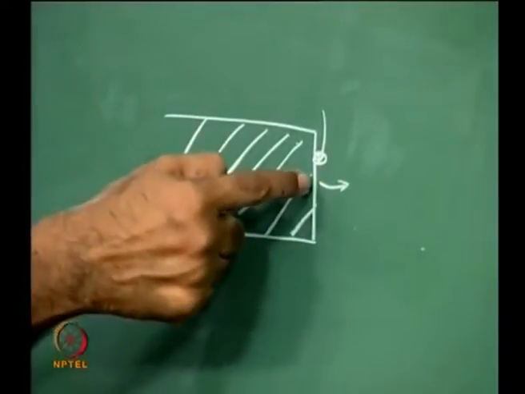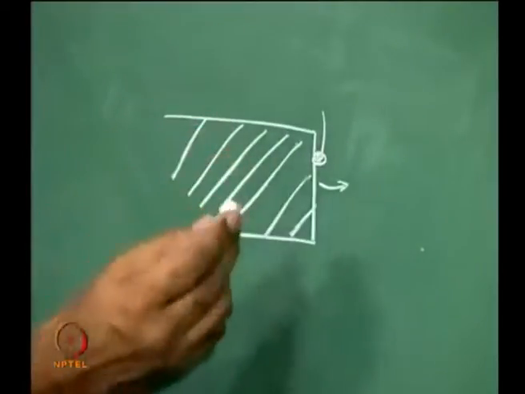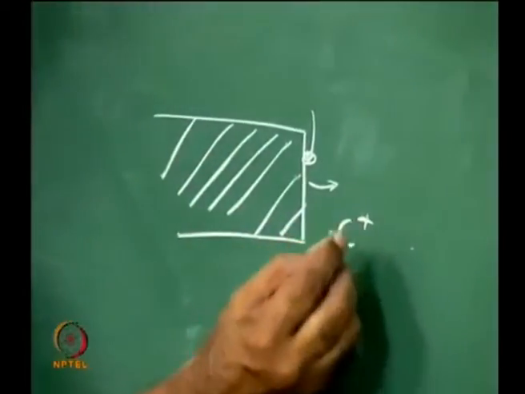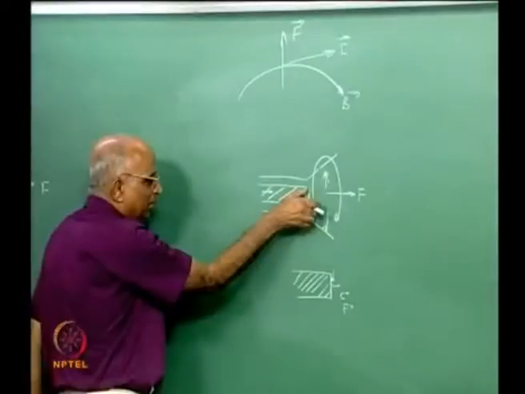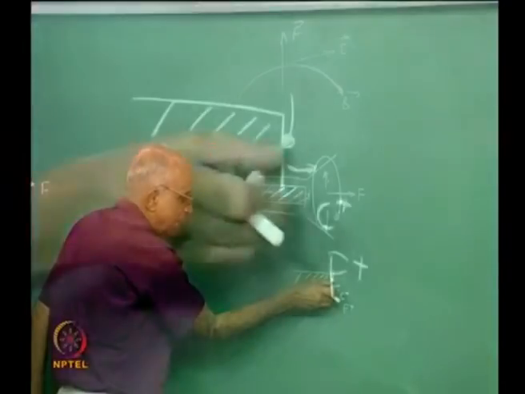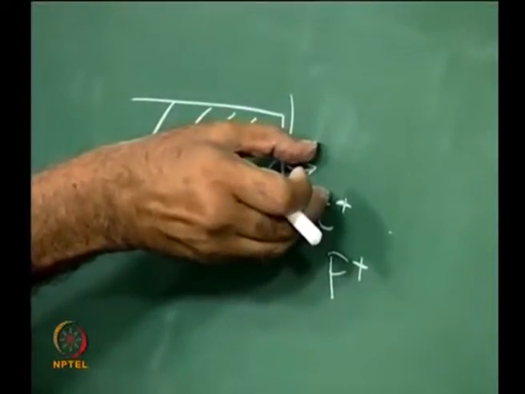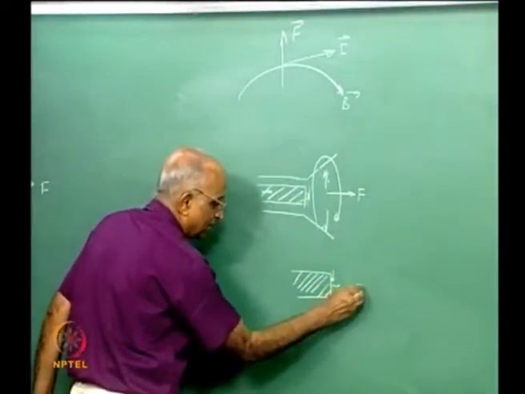Teflon is essentially carbon and fluorine, so I generate carbon charges, I generate fluorine charges, and whenever I put a spark, I generate a little bit of this, and this gets into the magnetic field here and it generates a thruster.